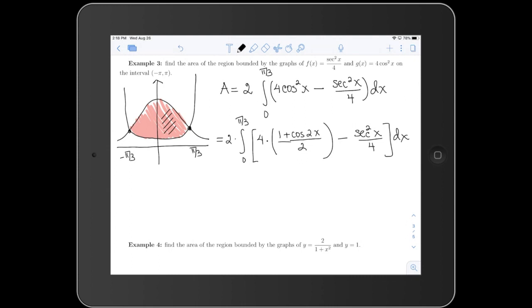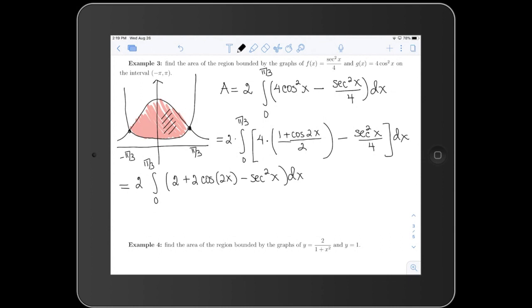Let's distribute that 4. That will get rid of some constants. So 2 times the integral from 0 to pi over 3. Once we multiply that 4, we cancel out, and we're going to get 2 plus 2 cosine 2x minus secant squared x dx.